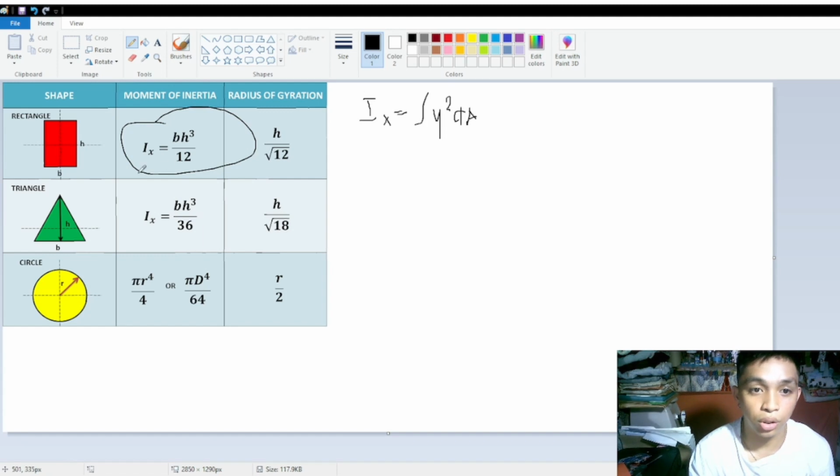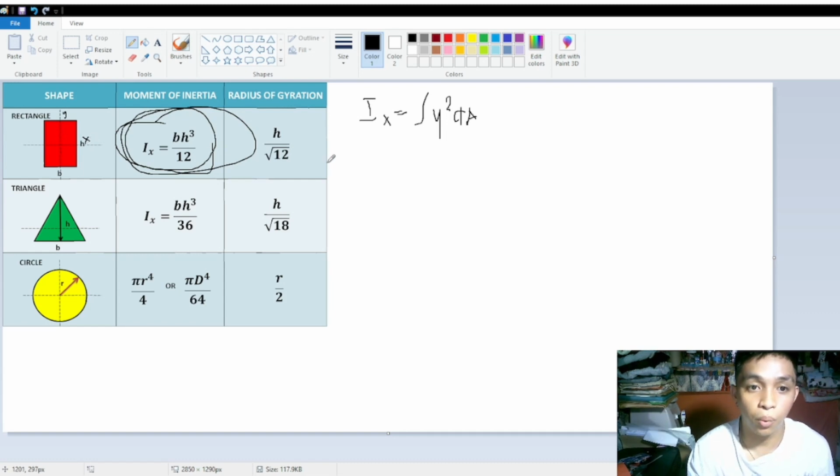Either way, you will come up with the same answer. Just take note that this formula is the moment of inertia about the centroidal axis, with the y-axis here and the x-axis here.